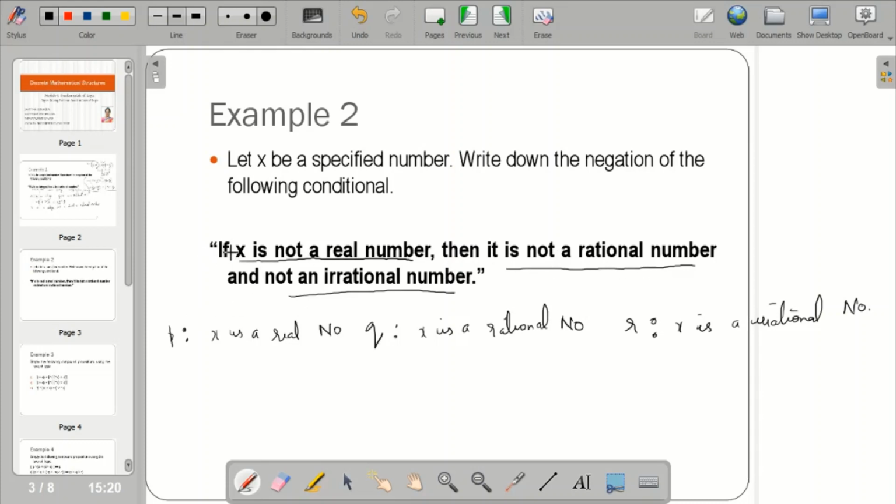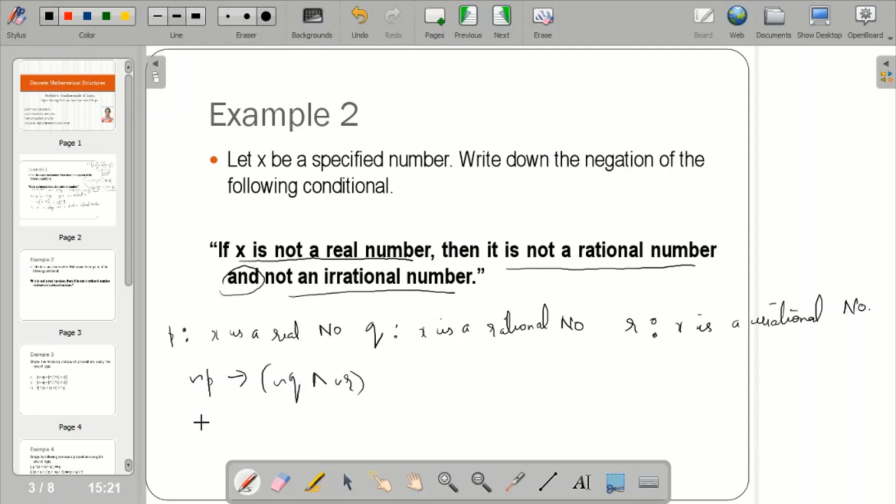So now just see the statement. If p, then this entire statement, that is p conditional, something within this, and here it is not. Like if p means this is not, right? If negation of p conditional, negation of q and negation of r.